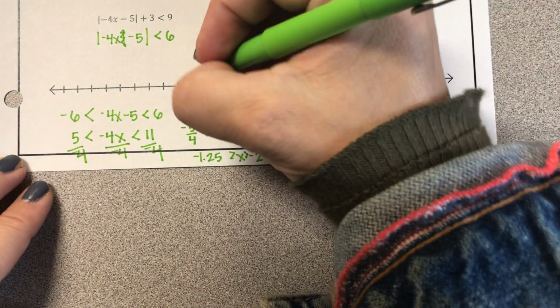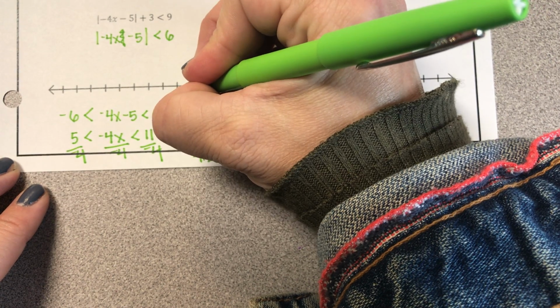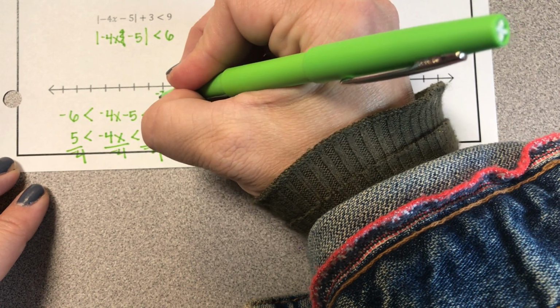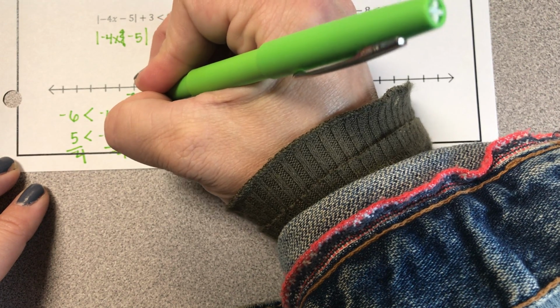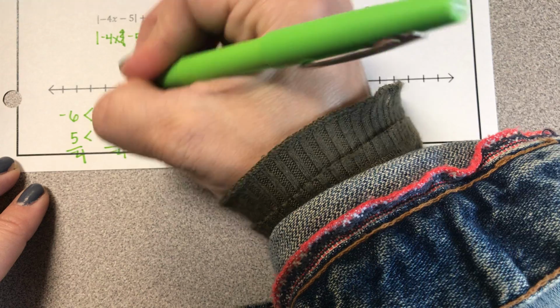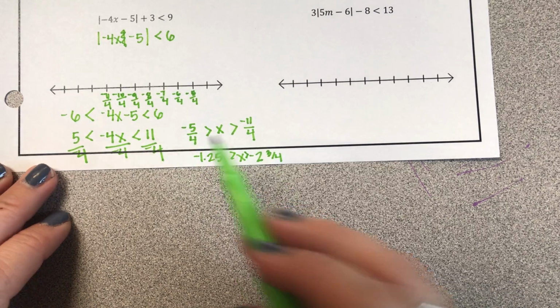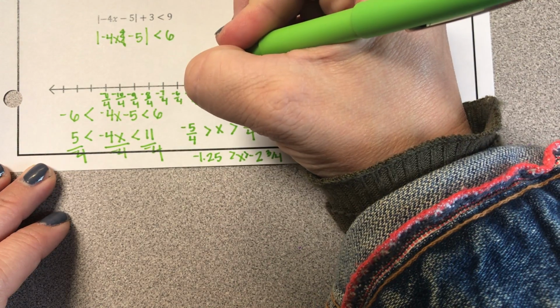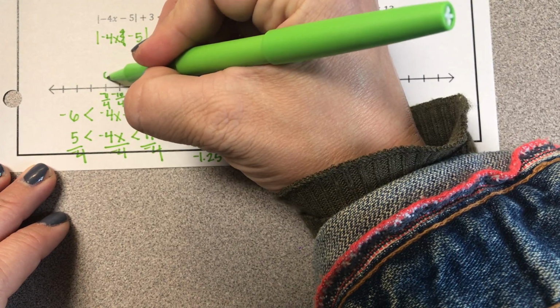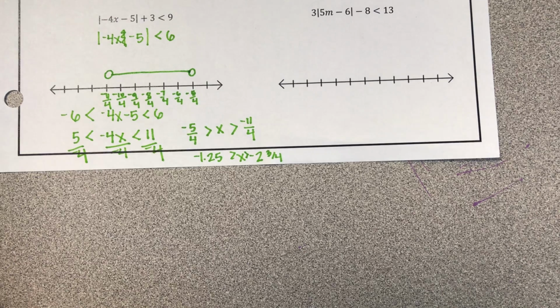So I can even go, I'm going to make it real easy, negative 5/4, negative 6/4, negative 7, negative 8, negative 9, negative 10 over 4, and negative 11 over 4. And it's telling me that my x has to be less than negative 5 over 4 and greater than negative 11 over 4. And it would look like that.